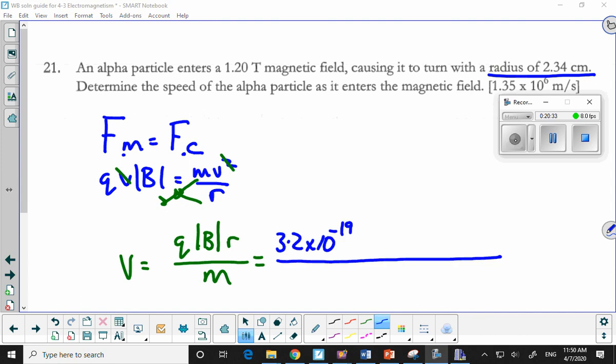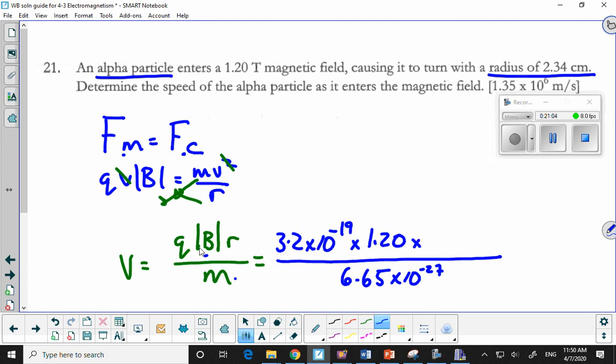So we start off with our charge. Go back to the question. Pay attention to what you're dealing with. It's an alpha particle, so the charge is going to be 3.2 times 10 to the minus 19 coulombs. And I'm going to put the mass in now so I don't forget what I'm dealing with: 6.65 times 10 to the minus 27 kilograms. Again, if you're not sure of those, check your data sheet. Times our magnetic field intensity, which is 1.20 Tesla.